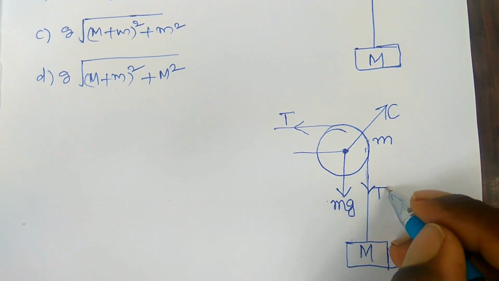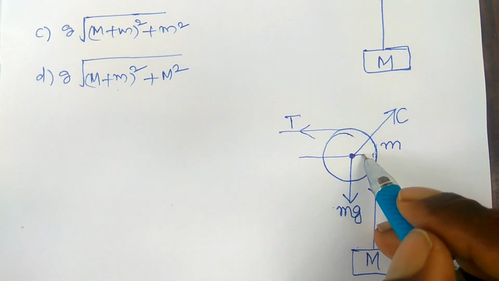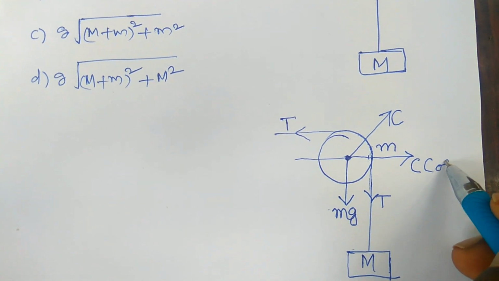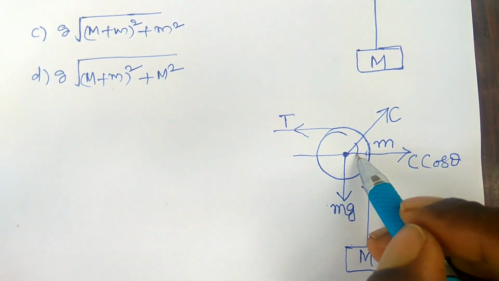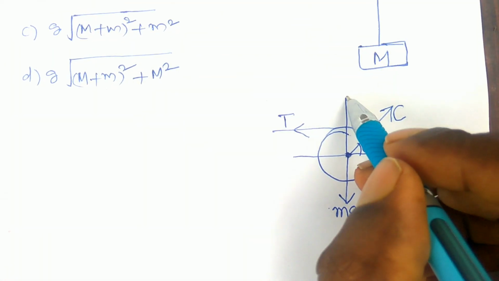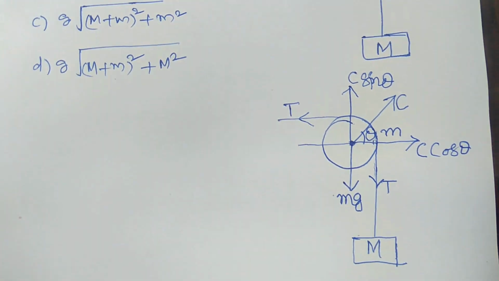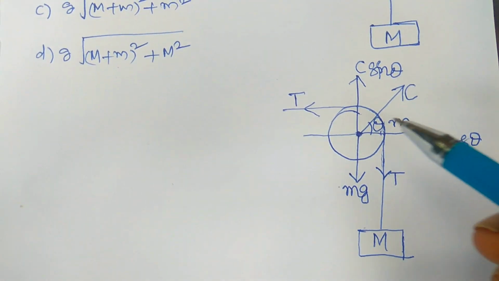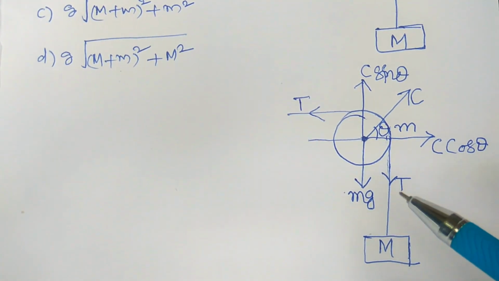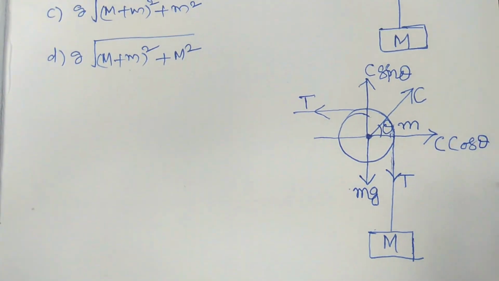These forces act on the center point of the pulley, so C can be divided into two components: C cos theta, which acts horizontally with an angle theta, and C sin theta, which acts vertically. These are the forces acting on the pulley, which has a massless string with the block of mass capital M at the other end.